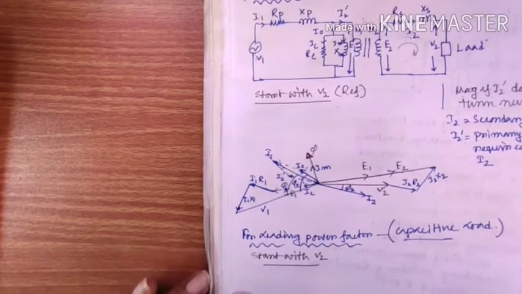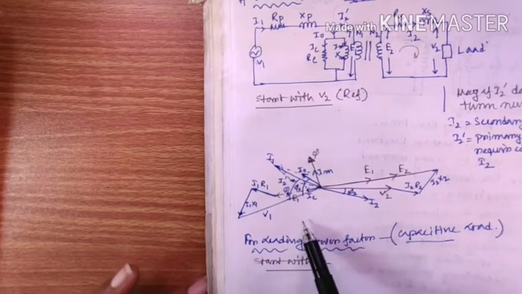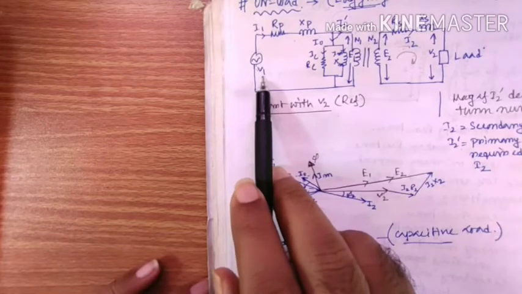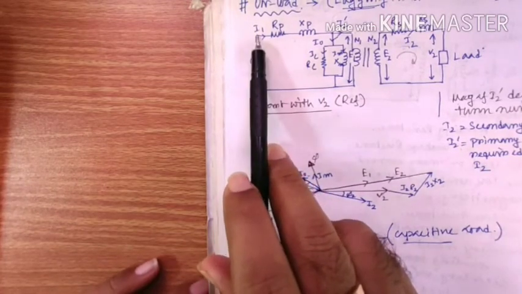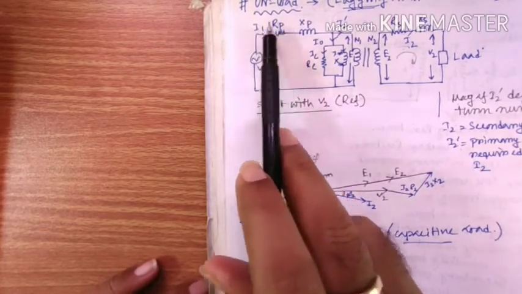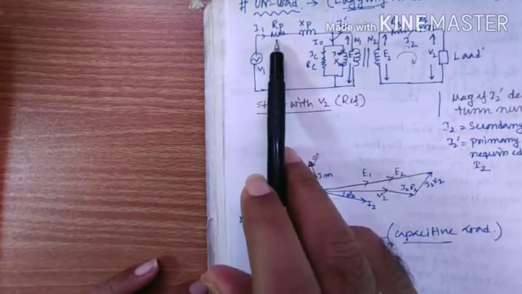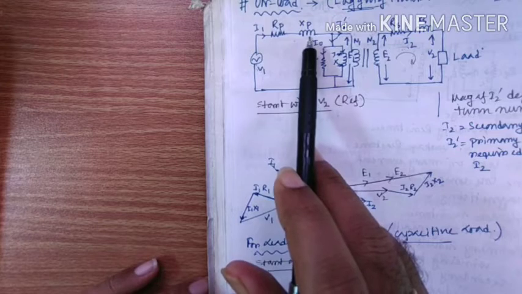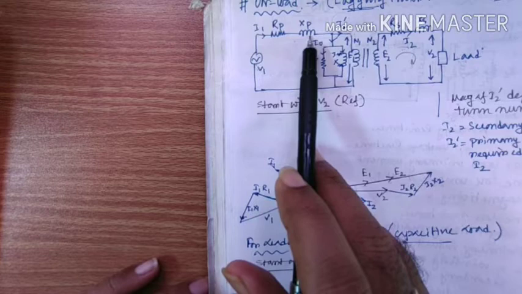Now on the primary side, this is the V1 excitation due to which the I1 current is flowing. I1 current flowing through RP will create a voltage drop I1 into RP. I1 current flowing through XP will create an inductive voltage drop, I1 into XP, right?